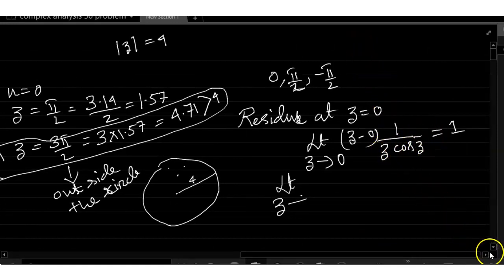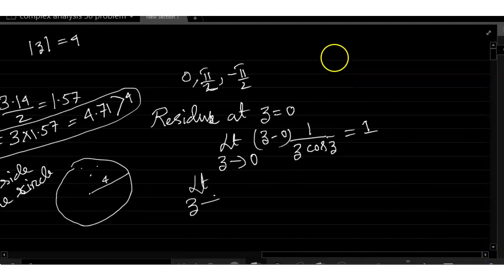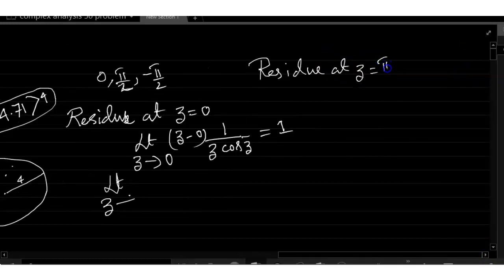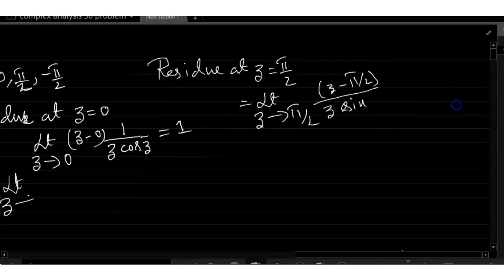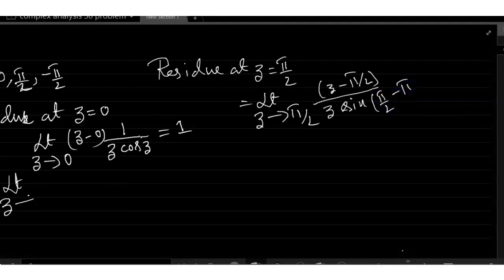Similarly, we have to find the residue at z = π/2. We have the limit as z tends to π/2 of (z − π/2) divided by z cos z, and cos z is sin(π/2 − z). Very simple.